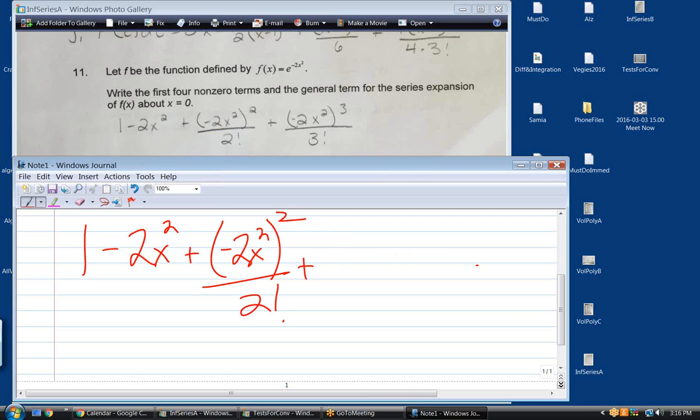Well, we can see it's an alternating series, right? So there's probably a negative 1 to the n. You designate alternating series by a negative 1. So what I came up with, and sometimes there's more than one solution, was this.